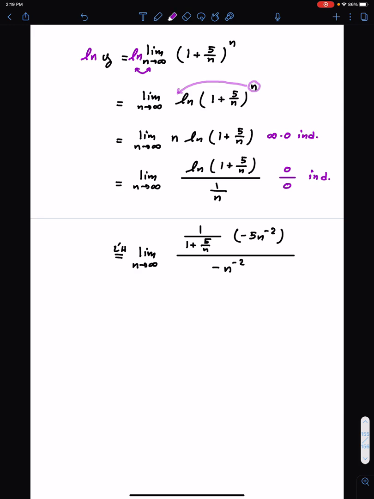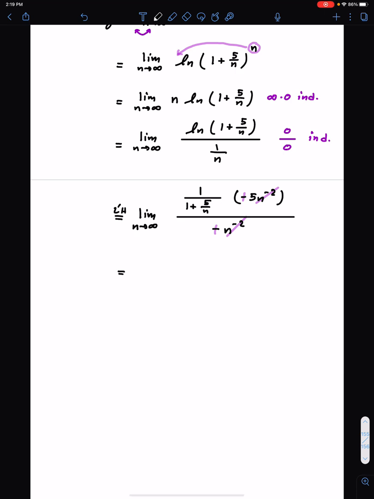I can cancel the negatives, and I can cancel the n to the negative 2 power. So I'm left with the limit as n approaches infinity of 5 divided by 1 plus 5 over n.